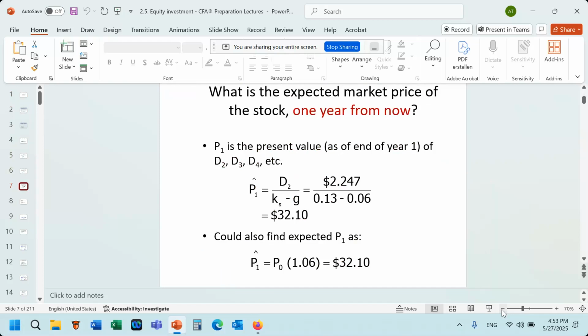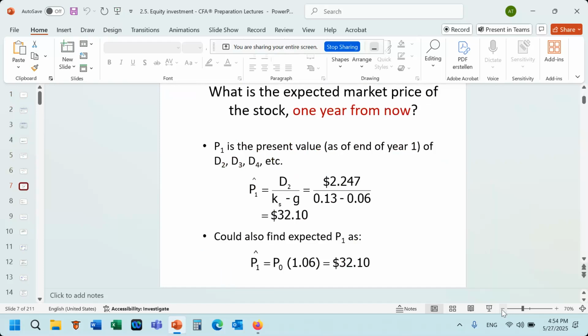Next year, the estimated stock price P1 hat would be the dividend at the next period after that, D2, or dividends 2 years from now, divided by the same terms that we had before, KS minus G. So we multiply D1 by 1.06 again, and we get 2.247 if dividends grew by 6% for 2 years. And we divide this by the same 0.13 minus 0.06, and we get $32.10.